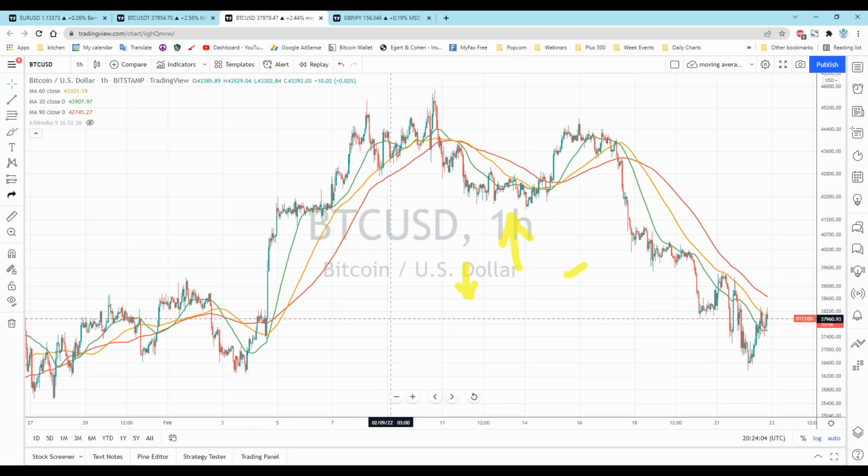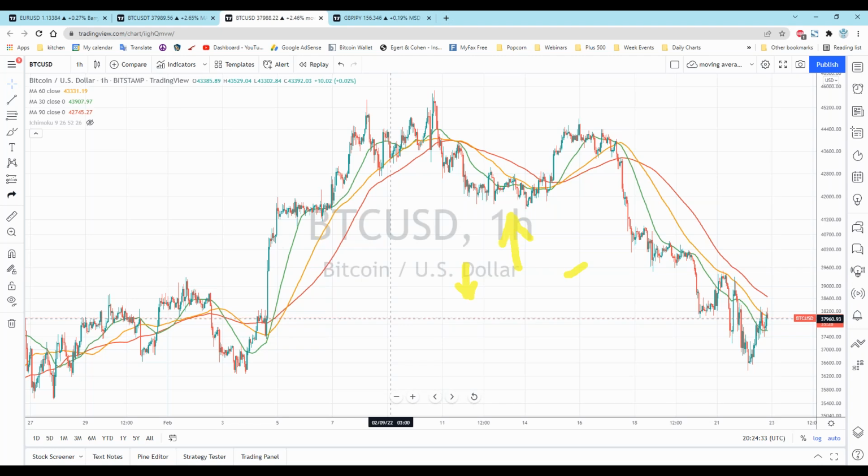we get a very interesting picture. The shortest period moving average is called the fast moving average. Why? The shorter the period that you're using, if you were taking a 30 period moving average, you would take the close of the last 30 periods, added together and divided by 30.